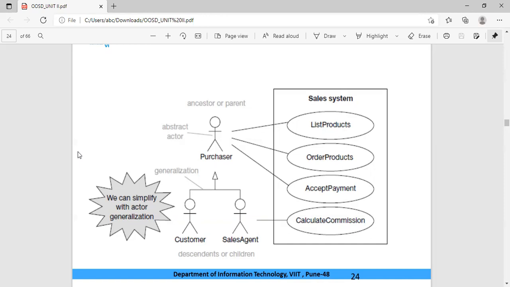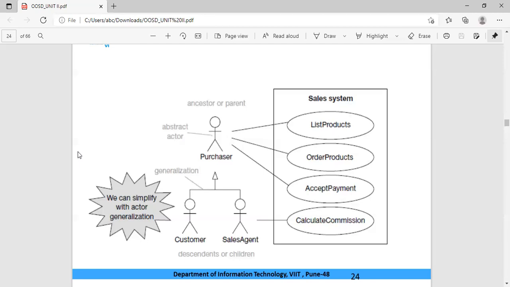So the first important part is that I can identify the parent actor, right? Parent actors are those where we have to understand the generalization from parent class to child class. Here we can understand that they are dependent, so these two actors totally depend on the parent class.